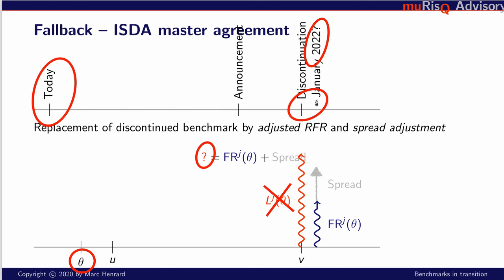Now, the discontinuation may be announced and take place in, let's say, January 2022, but in the period before, maybe at some stage, the regulator, in the case of LIBOR the FCA, may indicate that LIBOR is not representative anymore.